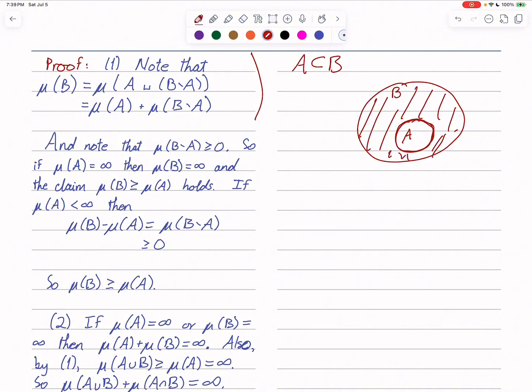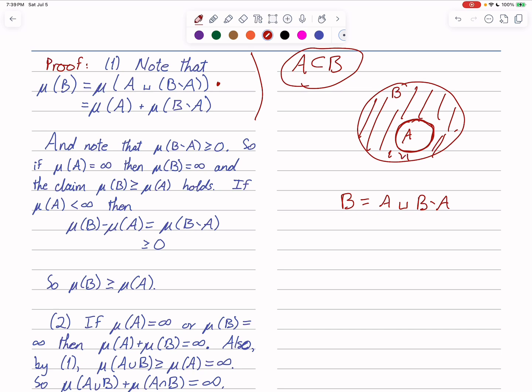So that's the first move that I make here: I take my set B, but I break it into the pieces A and the disjoint union with B minus A. By the way, the fact that B is equal to a disjoint union of A and B minus A, you should be able to prove that formally.